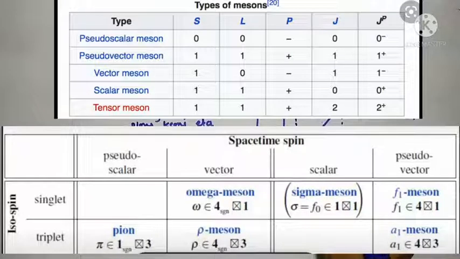This is a table of the types of mesons, along with the pseudoscalar meson, scalar meson, vector meson. There are tensors also. This is a classification table of the pseudoscalar, scalar and vector mesons, which we can easily find anywhere on the internet.